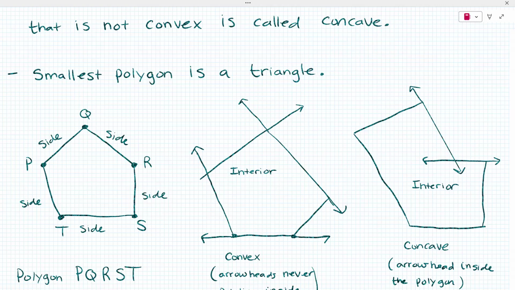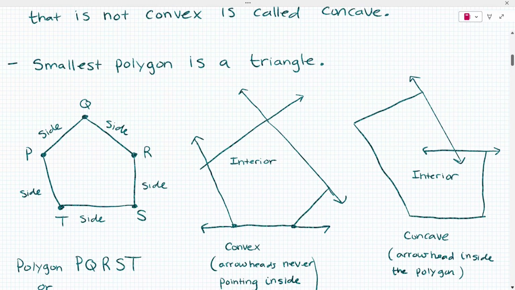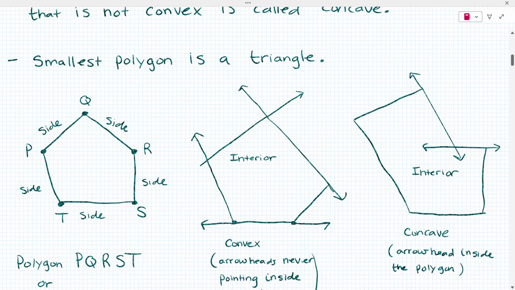I guess this is also considered a polygon, but it's convex. So this is also important. In this image right here, the one in the middle, it's definitely a polygon because nothing is open, right? Now, what about the arrows? As you can see, the arrows are never pointing on the inside. So that's how you know it is a convex polygon.